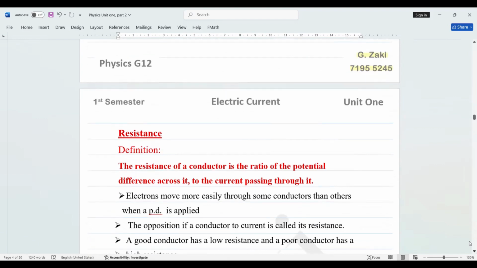Now we talk about the resistance here. Resistance of a conductor is the ratio of the potential difference across it to the current passing through it.